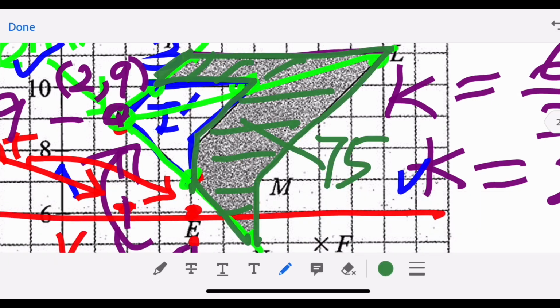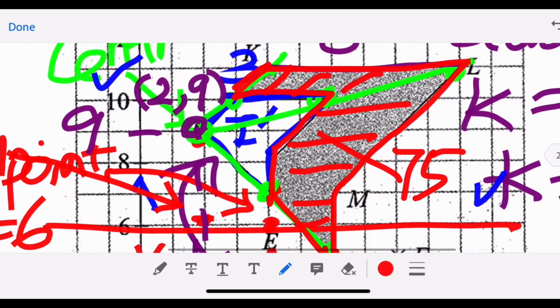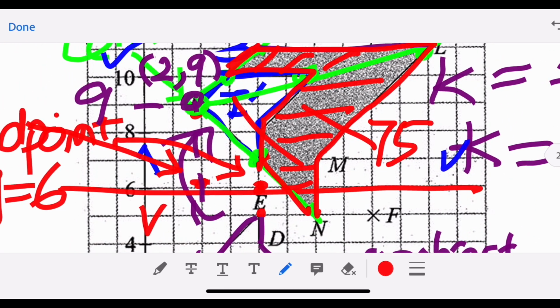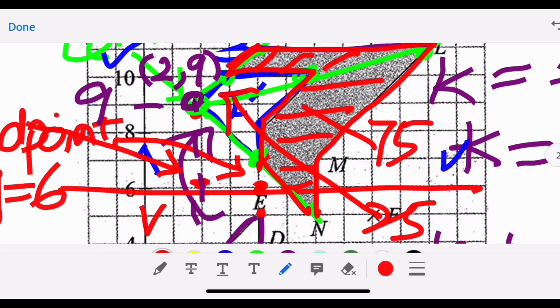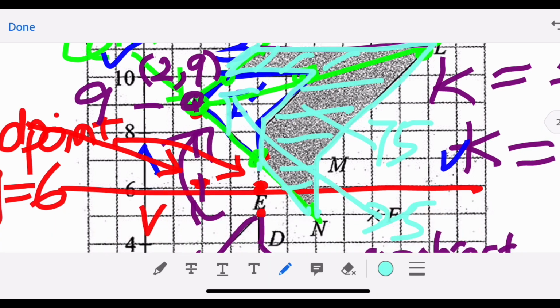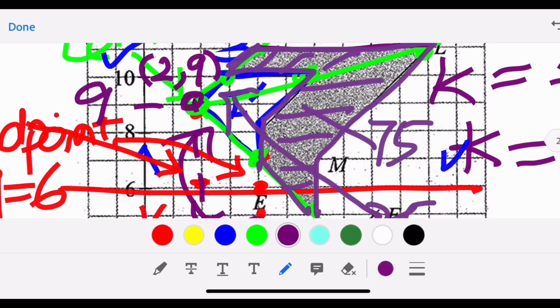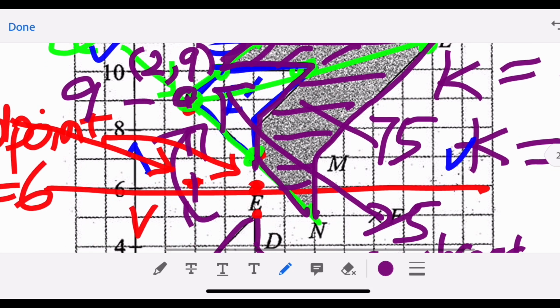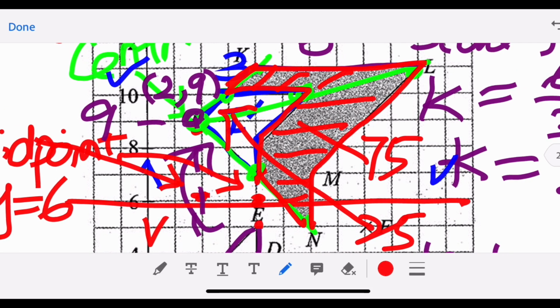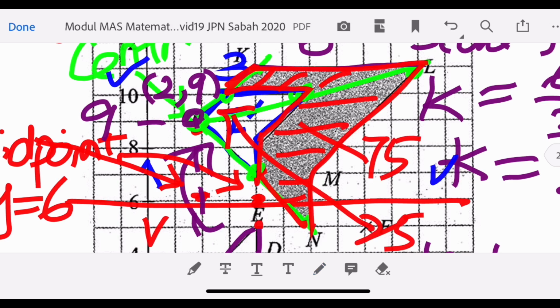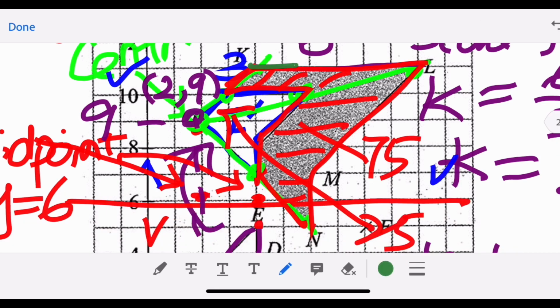This is the area wanted by the question, which is 75 centimeters square, right? Okay, now I change the color to red to highlight that this is the area of the shaded region. The one that I am pointing is actually the area of the first image, which is equivalent to the area of the object originally, right? 25. Okay, because after you reflect, of course the area will be the same, isn't it? Unless you enlarge, the area will change, right? Okay, so I'm sure you understand.